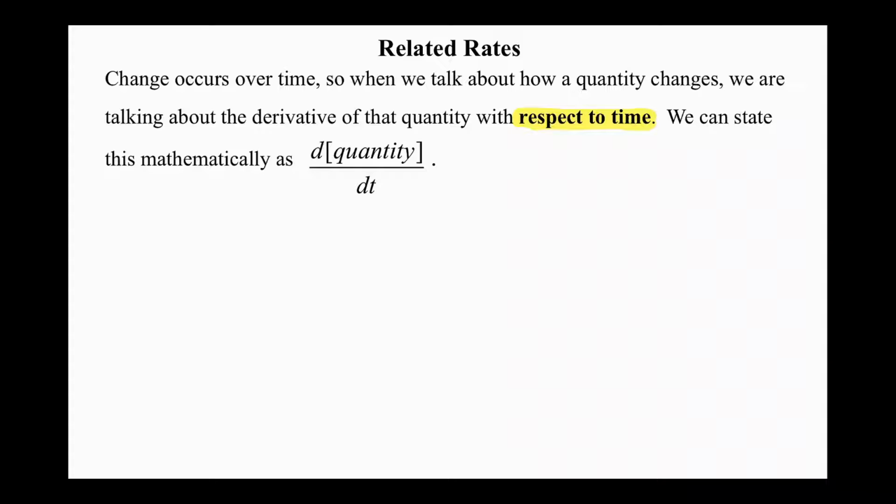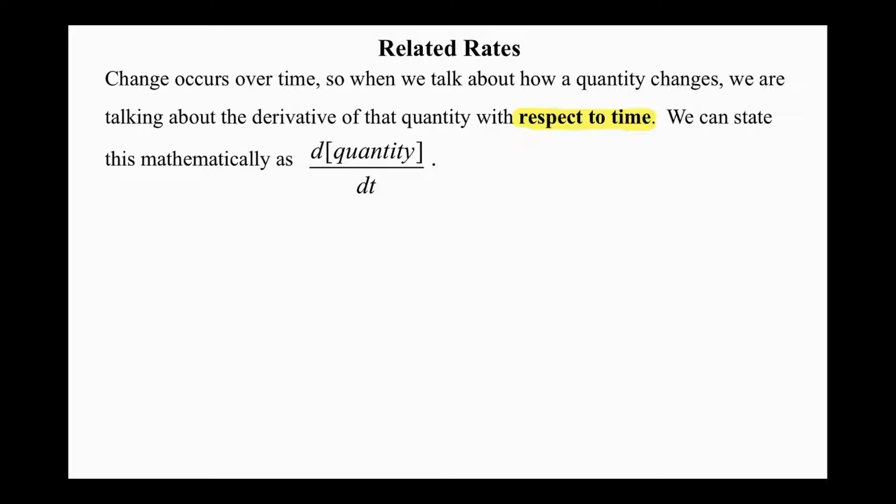Okay, so when we talk about quantity changing, we are talking about the derivative, because a rate is a derivative, right? Another word for rate is a slope, change over time. Rise over run is slope, right? Well, the rise is y over x. In this case, x is always going to be time.